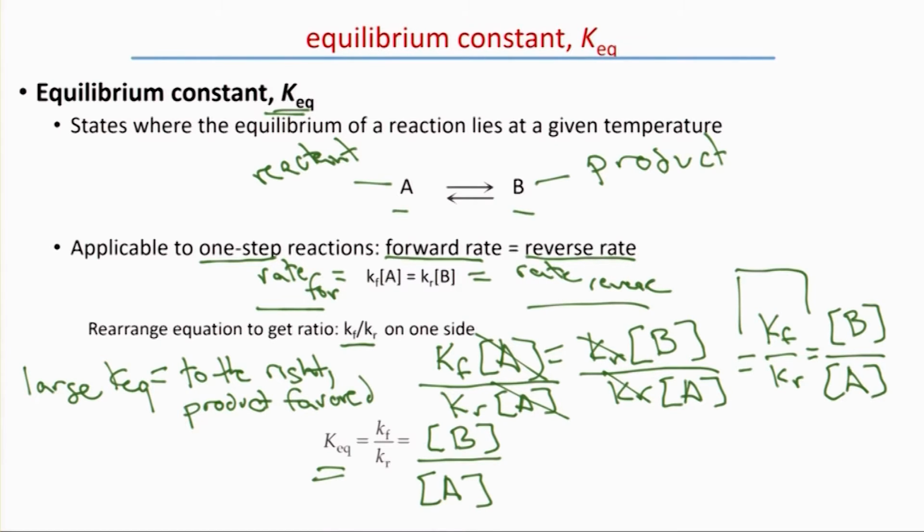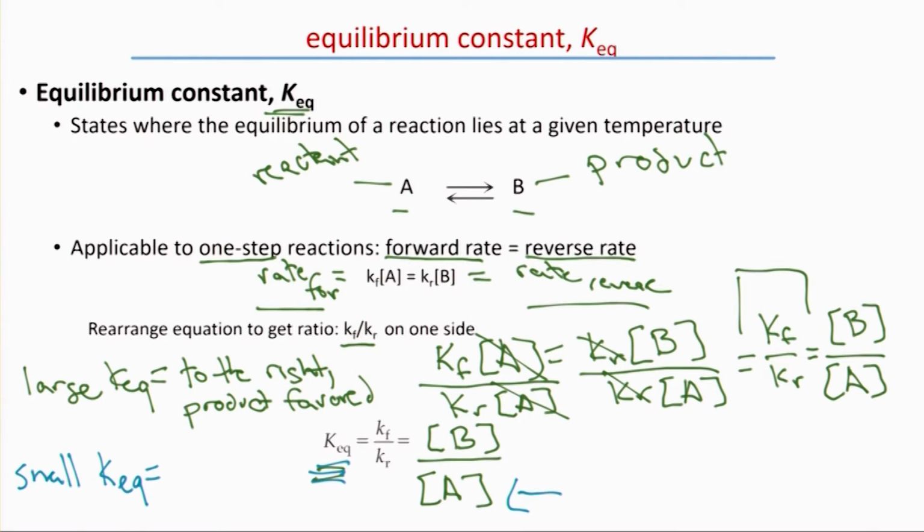All right, what happens if you have a small equilibrium constant or expression? Small K EQ. That means that your concentration of A is bigger than concentration of B. If you're getting a small value right here, that means that the thing in the denominator is going to be larger to make this a smaller value.